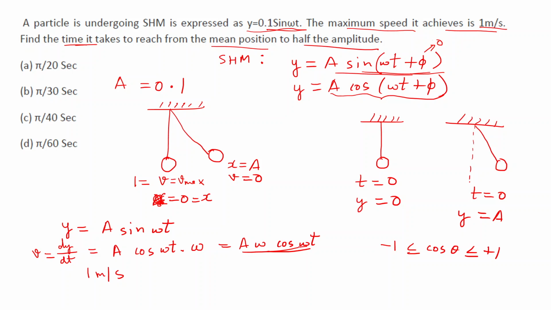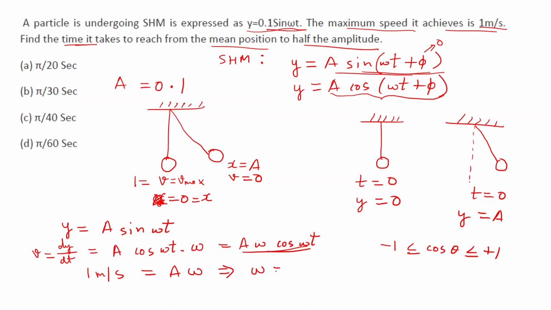So the maximum value it can take is +1. And we know V maximum is 1 meter per second, so this 1 meter per second is A times omega. And A we know from this relation is 0.1.